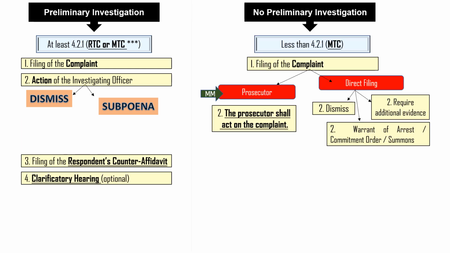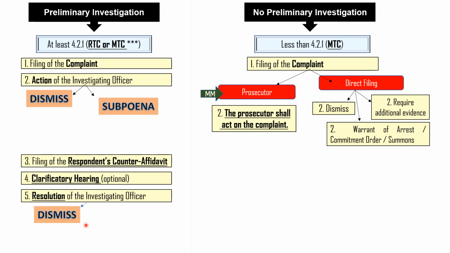So from number 1 to number 4, tapos na ang preliminary investigation, because the next step is the investigating officer will now resolve the case, and his resolution could either be dismiss the case or hold the respondent for trial, and in that case, he should prepare the information to be filed in the court.